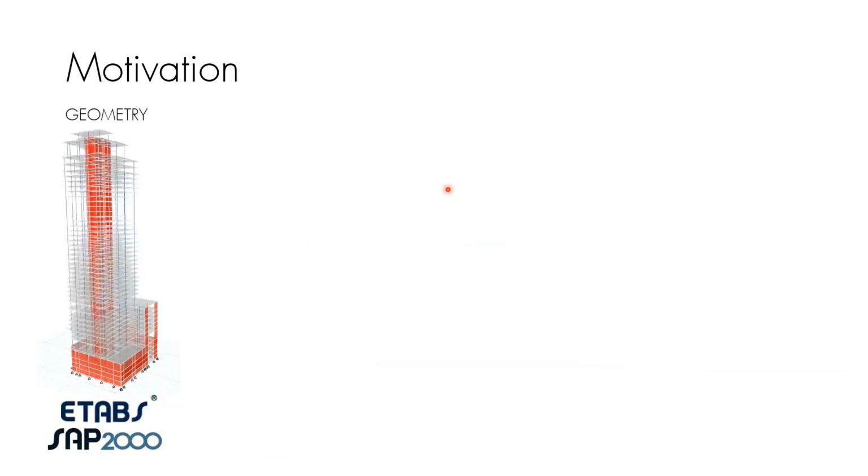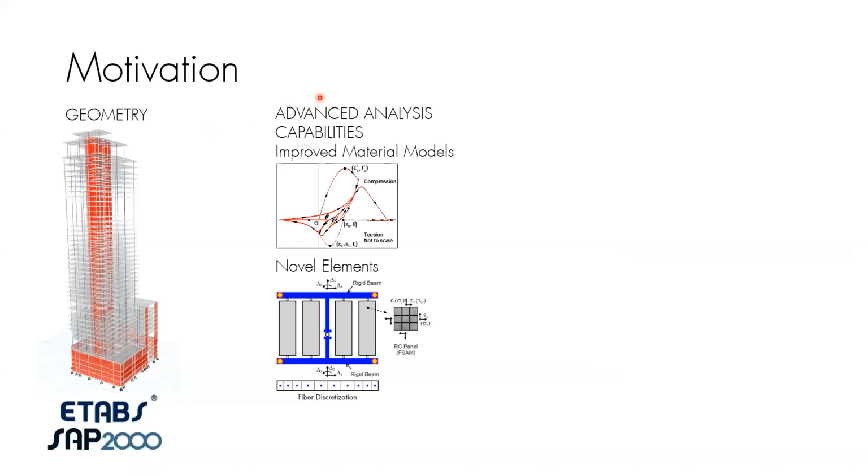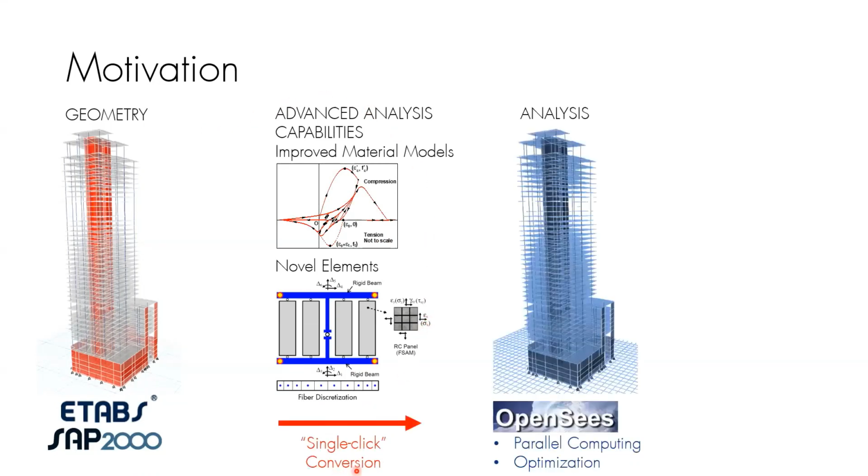So the whole idea here was to create a model in ETABS, and then have a one single click conversion tool that will convert that ETABS model into the OpenSees model, but then allow the user to use all the good stuff from OpenSees, all the new models, new elements, to do parallel computing and so forth.